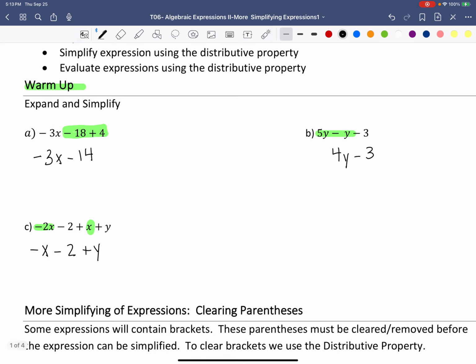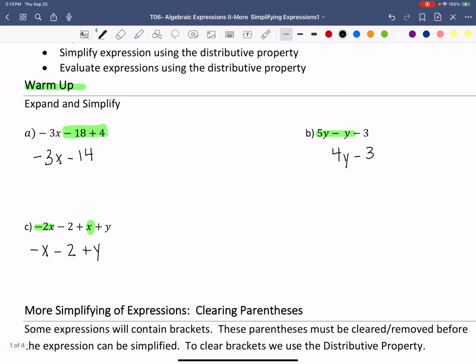And so for this property, again, we're going to be given A, B, and C, which are real numbers, and we're going to see that these three statements stay true. So again, our left side is going to equal our right side. So this property basically allows us to distribute, in this case, the A into the bracket in order to open up that bracket.